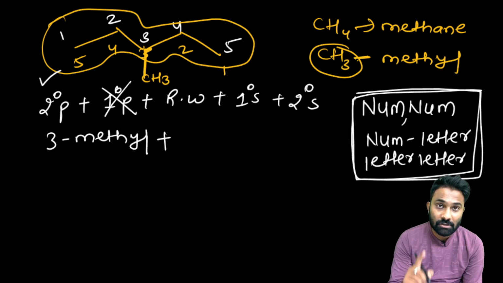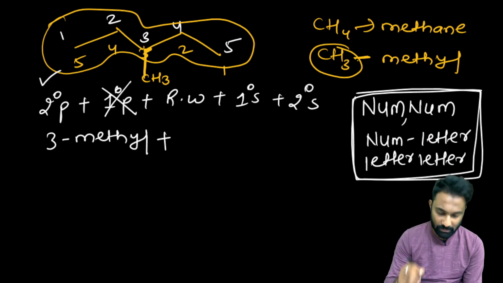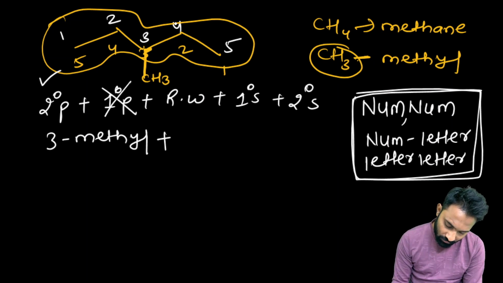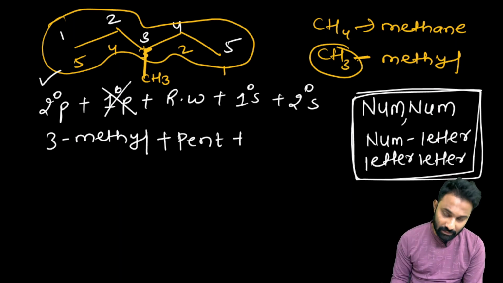The root word is given to the parent carbon chain containing carbons. Only for the parent carbon chain carbons do we calculate the root word, not the substituent carbons. Remember. So here 1, 2, 3, 4, 5. Five carbons means what? I said pent, P-E-N-T. Clear?